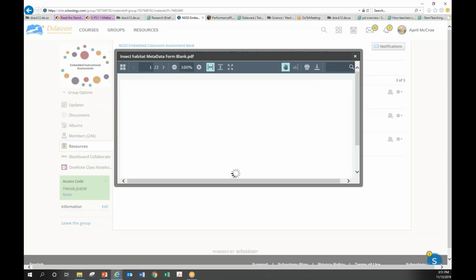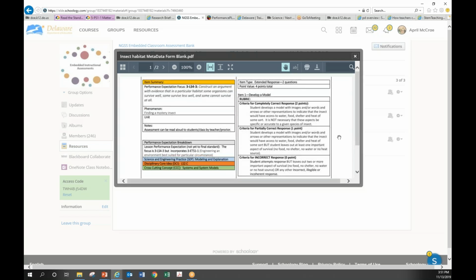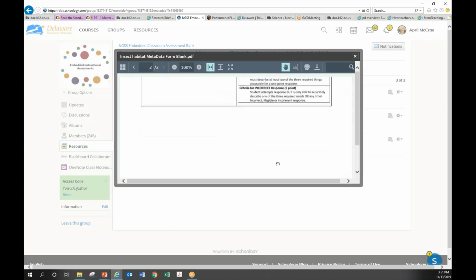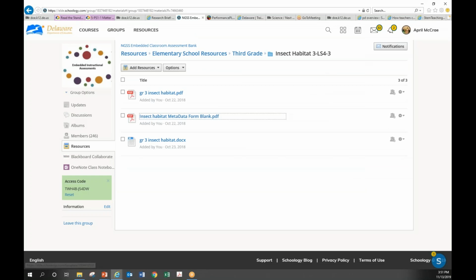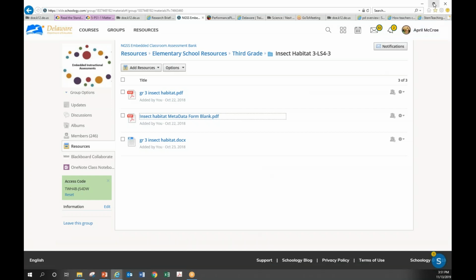So again, there's some more information. How to use them is available on all of the online web pages and whatnot. And then what kinds of resources can I use are available here in the Schoology site. So that gives you something to use that provides you with some concrete resources for your teachers.